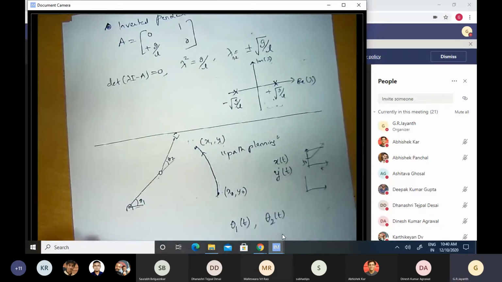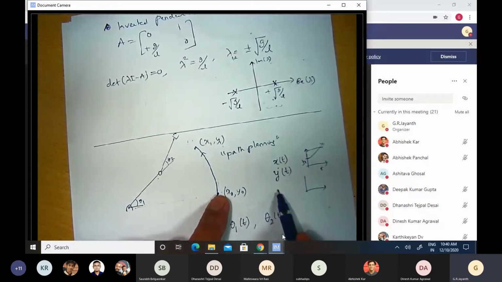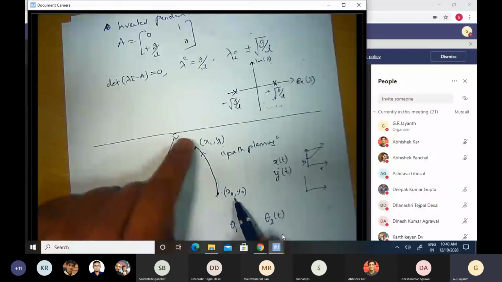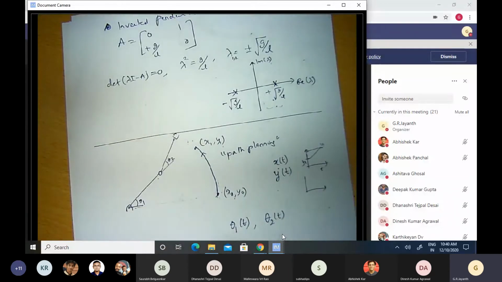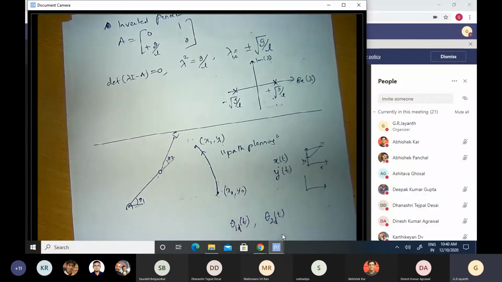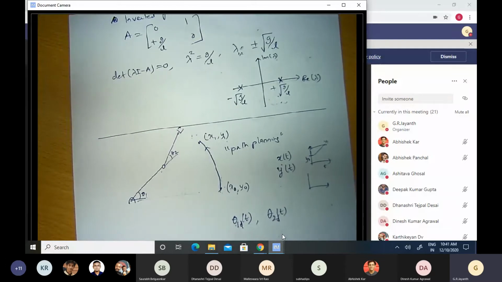Okay, so if my boss has told me how I want this to move from point A to point B, then as an engineer, I need to pay attention to how the angles theta1 and theta2 have to be changed as a function of time. So let me call that theta1d and theta2d. The d here represents desired, the desired way in which we want these to change.